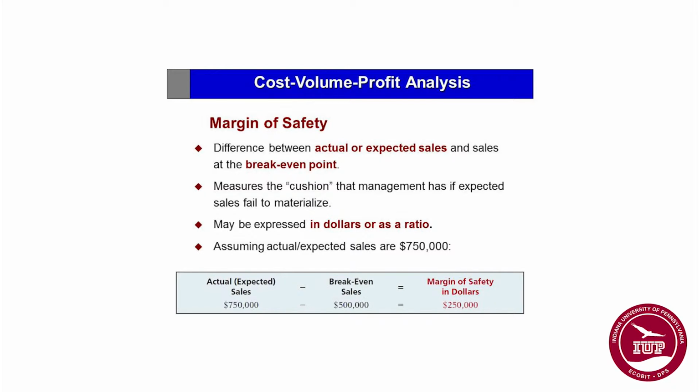This can also be expressed as a ratio. So in this case, if you assume $750,000 to be sales, break-even sales expected at $500,000, then your margin of safety is $250,000. That basically means that this is the safety net you have, and your sales can fall by about $250,000 before you start to incur any losses.